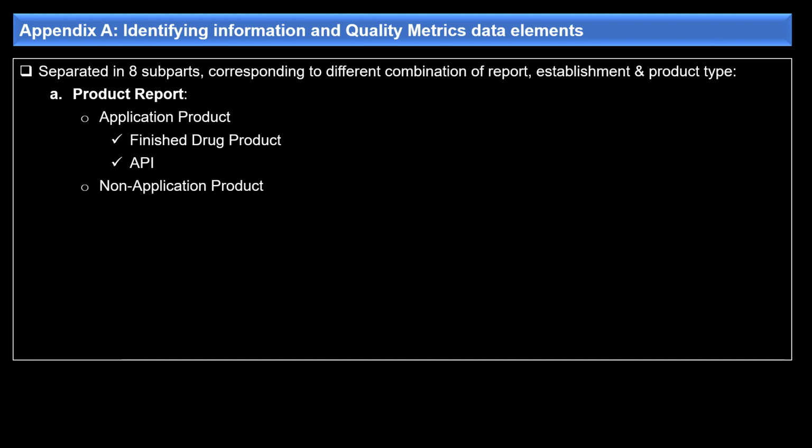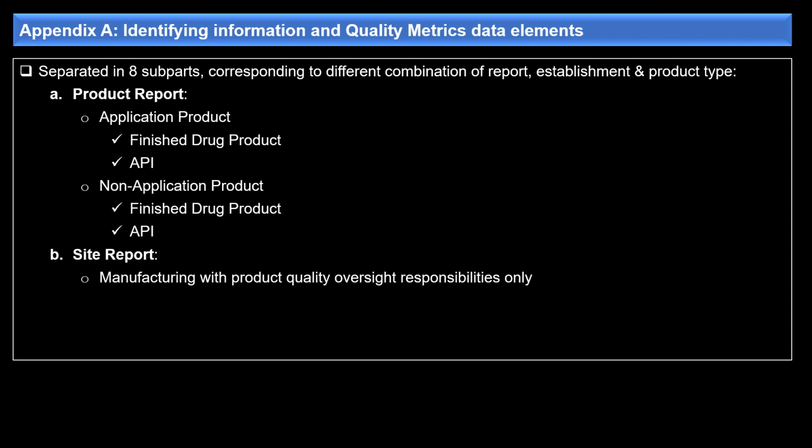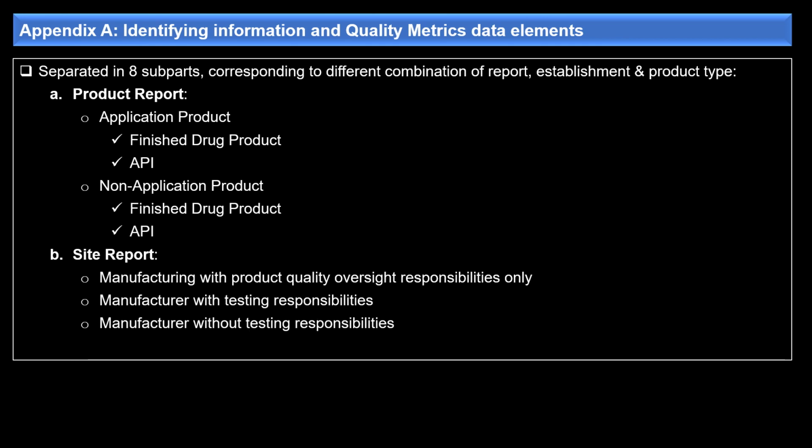Then there is non-application product, under which again there is finished drug product and API. For the site report, there is manufacturer with product quality oversight responsibilities only, manufacturer with testing responsibilities, manufacturer without testing responsibilities, and manufacturer with testing responsibilities only.